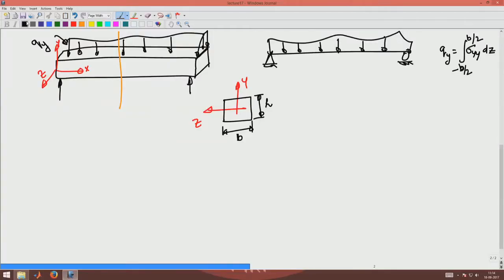So, basically what I want to do is cut there. So, let me take a plane section, subjected to some arbitrary loading.